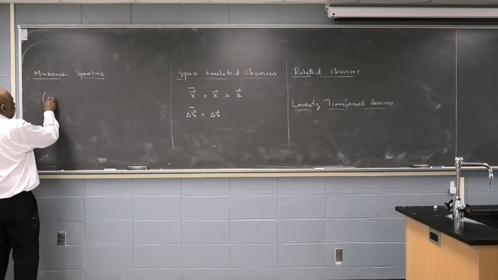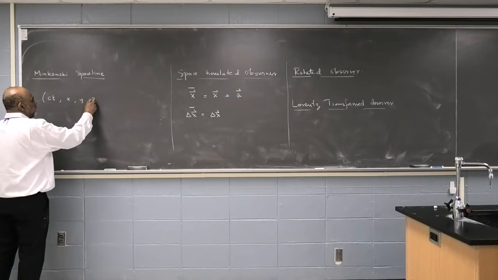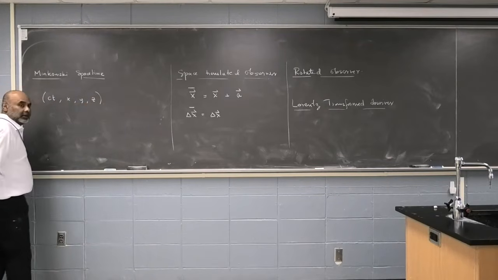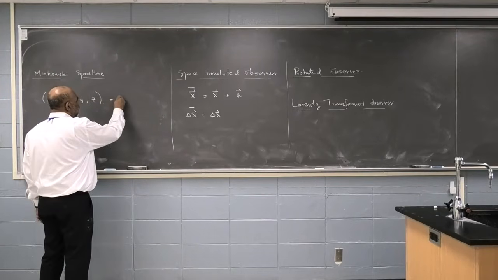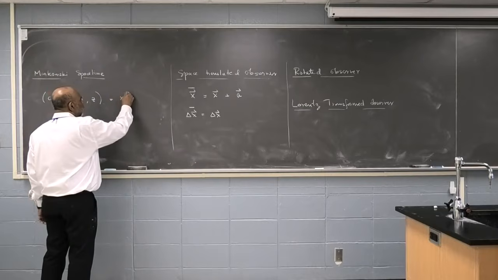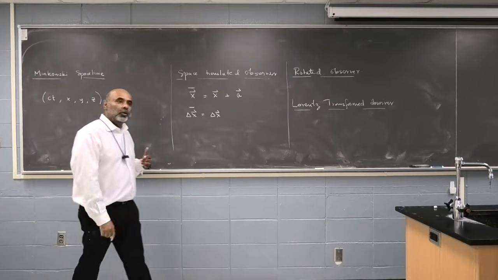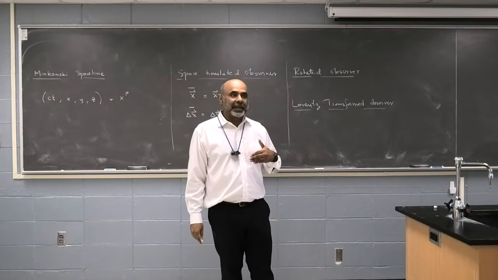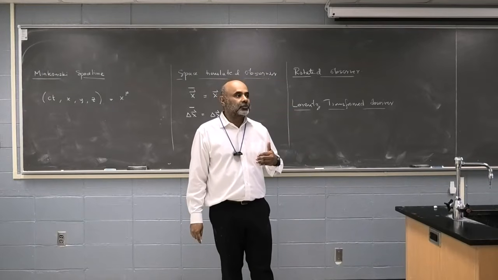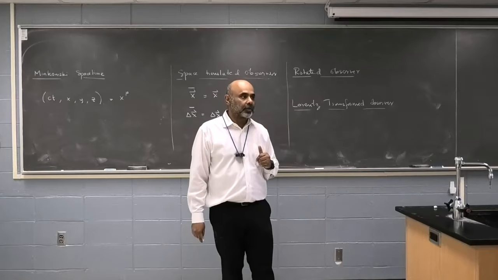Four items. And this will be collectively written as x mu, the point x mu. I will no longer use i, but if I'm referring to space, the indices would be i, and i goes from 1, 2, and 3, the x, y, and z components.